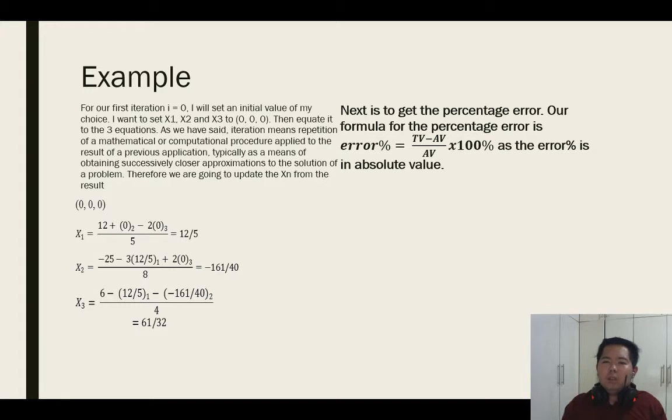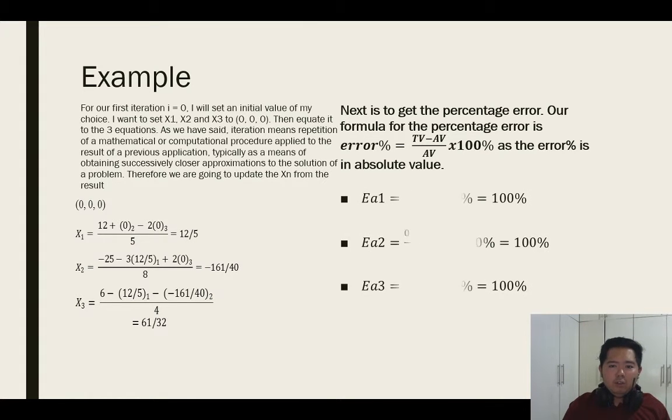The next step is to get the percentage error. Our formula for the percentage error is: the error percent is equal to the true value minus the approximate value, all over the approximate value, times 100%, in absolute value.